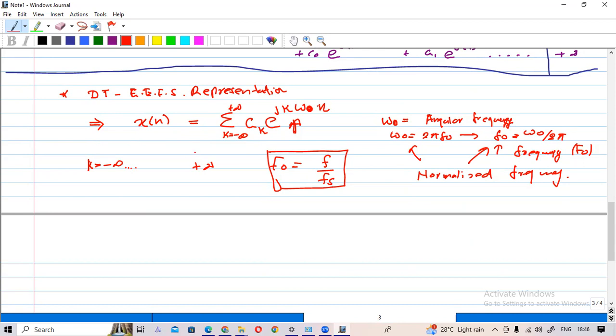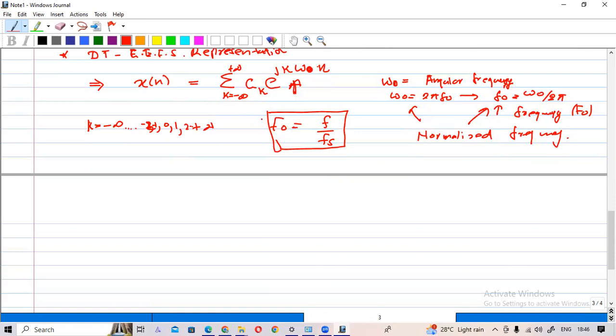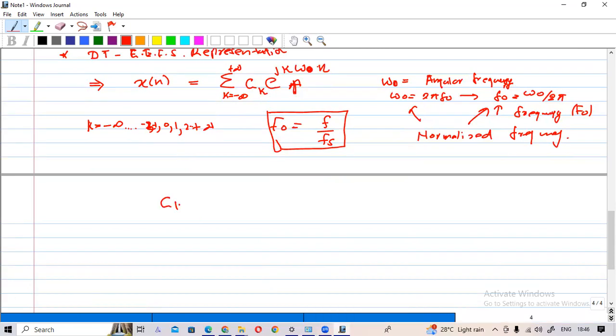So k can be an integer, like one, two, and so on up to plus infinity. And you can evaluate this Ck.